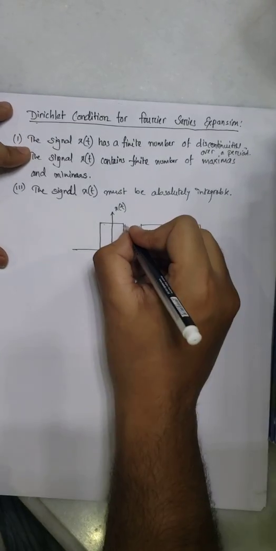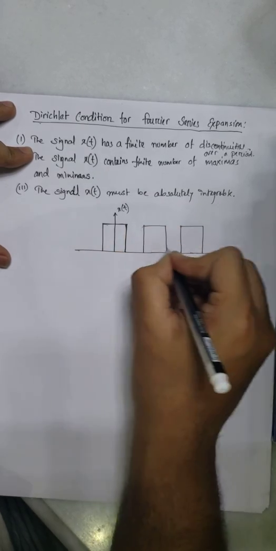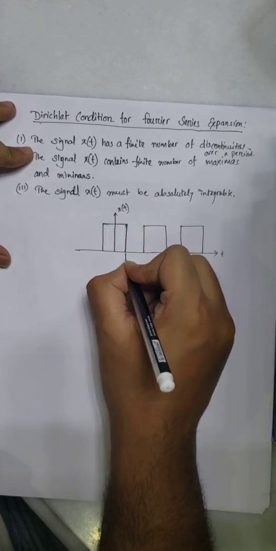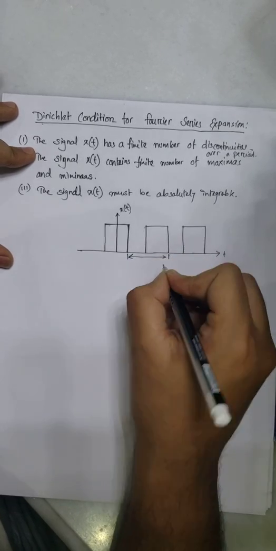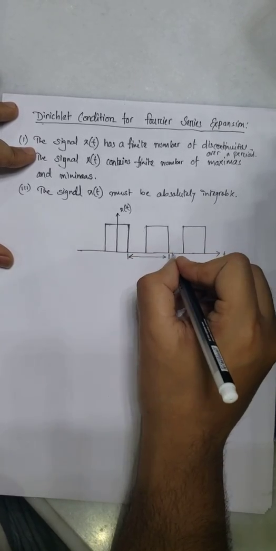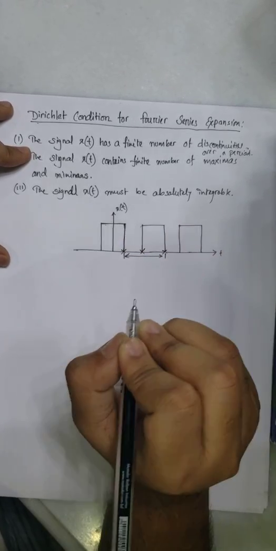Now, if you can see, the period of the signal is from here to here, and over this period the number of discontinuities are 1, 2, 3.